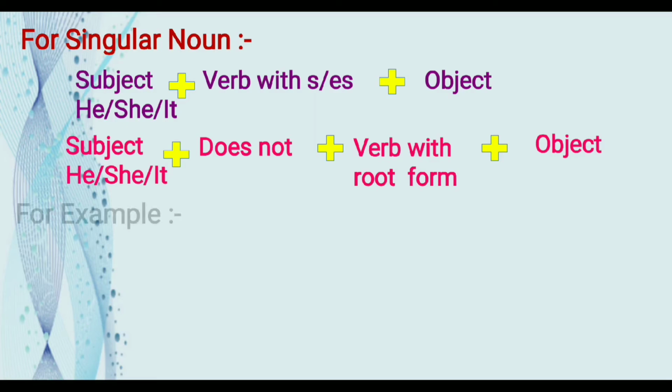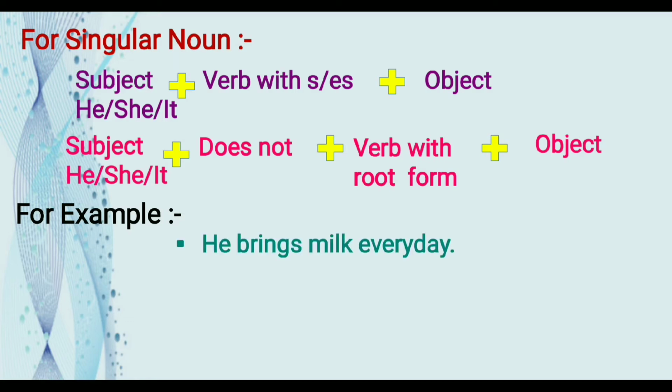So let's see an example and get more clarity on this rule. He brings milk every day. Here he is the subject, brings is the verb with s, and milk every day is the object, right? What will we do to make this sentence negative? We write he, and with he we use does not.